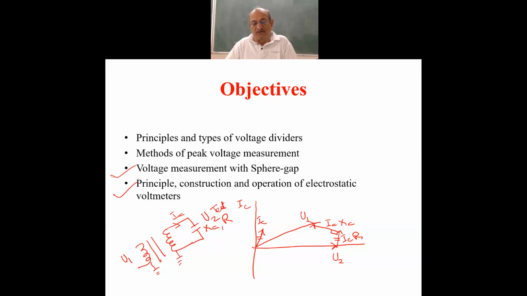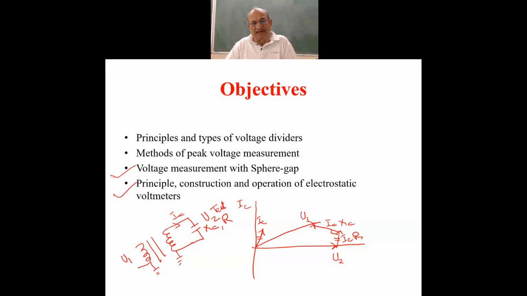On the upper one, you apply the voltage, the lower one, you ground it. And the characteristic of sphere gaps is that if the gap distance is not very large and the size of the sphere, that is the diameter of the sphere, is adequate.